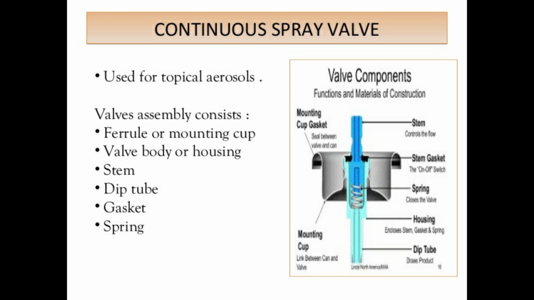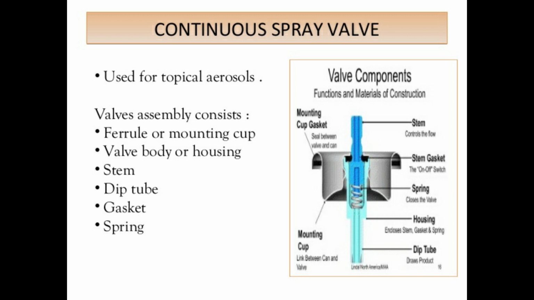This is made from nylon or Delrin. Brass and stainless steel can also be used. The orifice size is 0.013 to 0.030 inch. Next, the gasket. This one is made from Buna N and neoprene rubber.